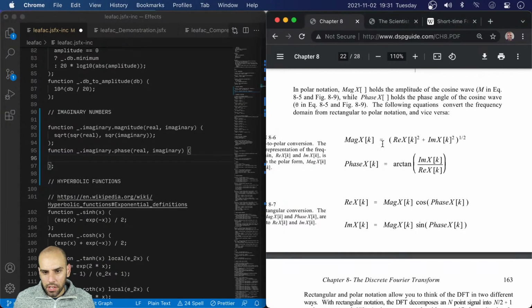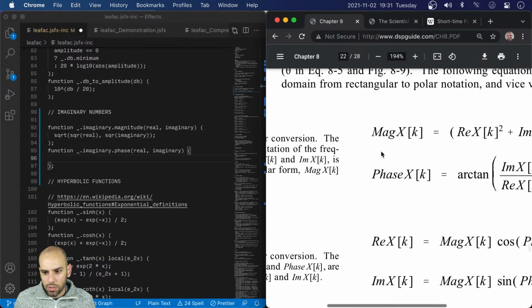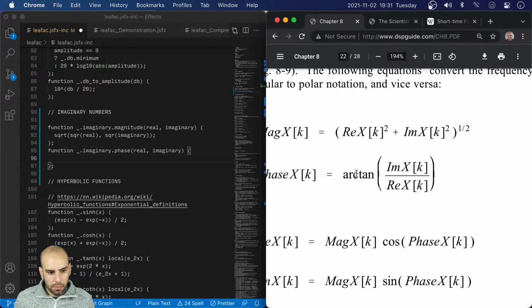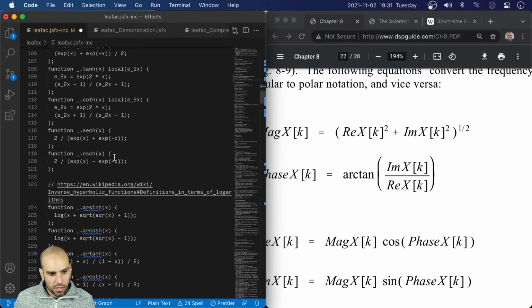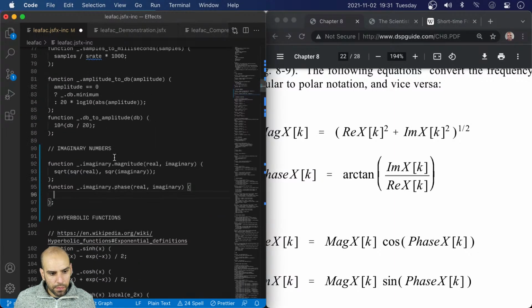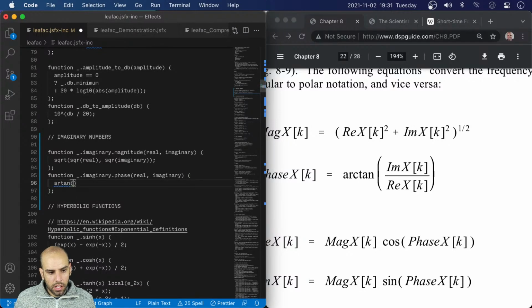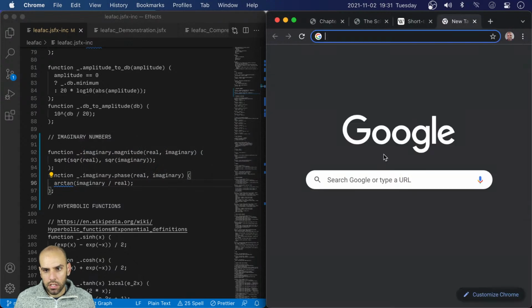And there is a whole section of this chapter talking about how this computation is actually not so simple. We already have arctan of a certain number, so we could do just this. Right, and arctan is, I think it's spelled like this. It comes with JS effects.